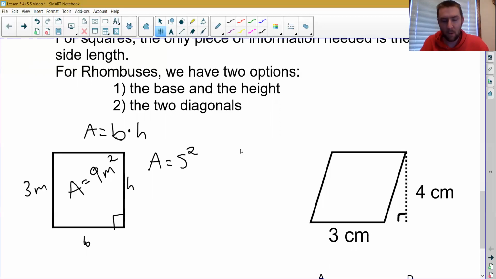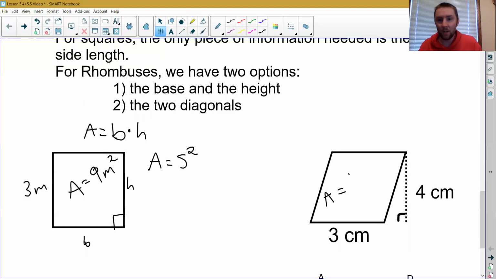One option is to do base times height, just like a parallelogram, because a rhombus is just a specific type of parallelogram. Remembering that the height of the shape needs to hit at 90 degrees, if we are given the side length of the rhombus, remembering that they're all going to be the same, and we also know the height, we can simply do base times height.